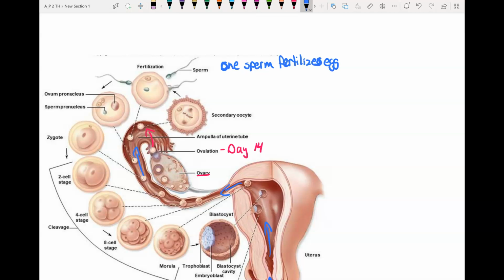Once an egg is ovulated, it's only good for about 24 hours. So this has to happen shortly after ovulation. So there is only this 24-hour window in each 28-day cycle when fertilization can occur.